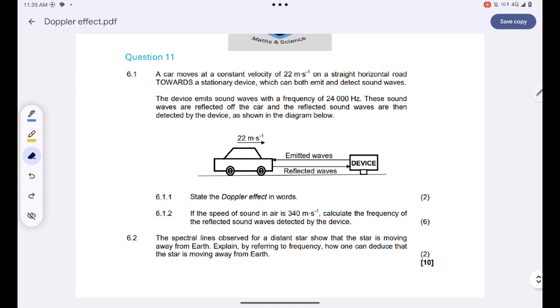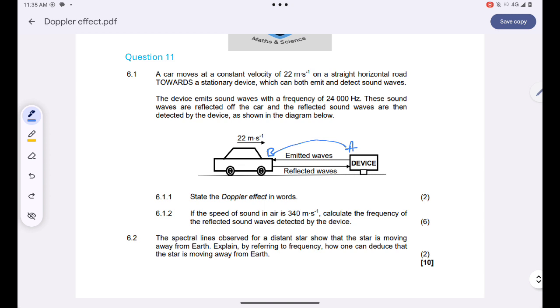Now we are told that if the speed of sound in air is 340, calculate the reflected sound waves detected by the device. Firstly, guys, we are moving from A to B, right? The device emits sound waves, and then the car will detect the sound waves.